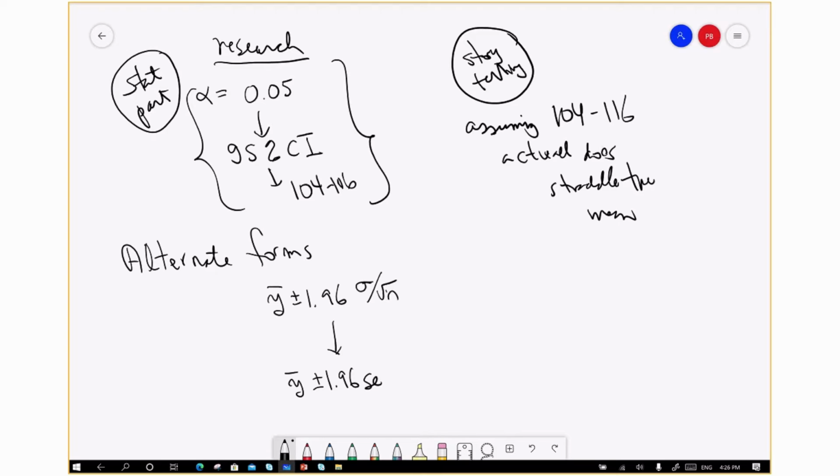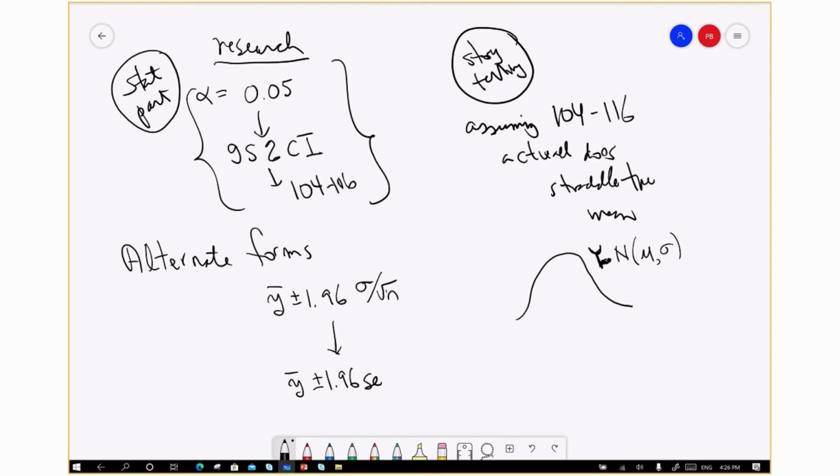Well, this is just a review. Remember, what we're assuming is that the underlying population is normally distributed with some mean and some sigma.